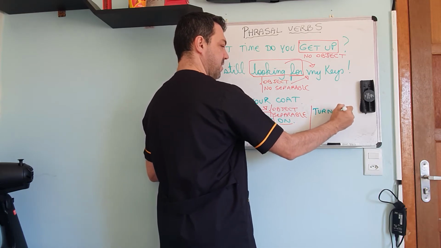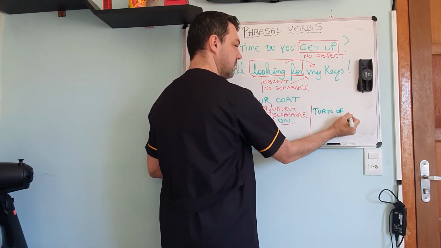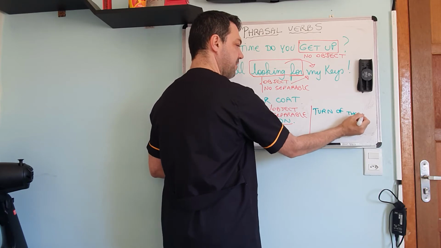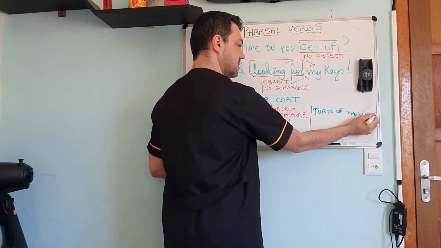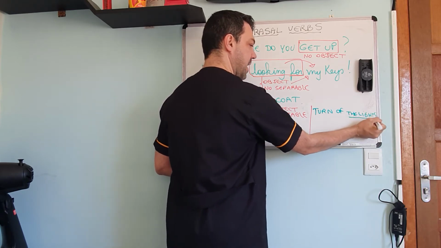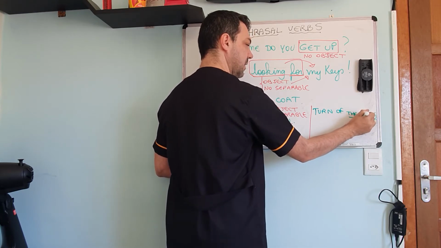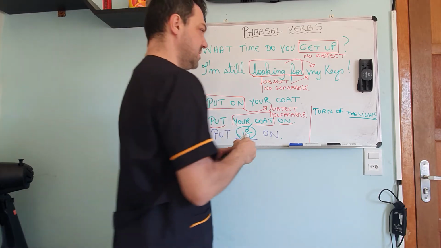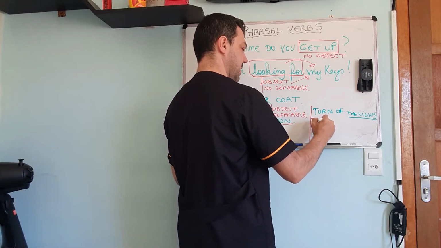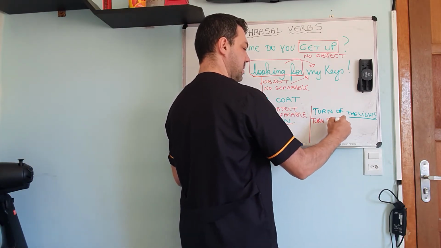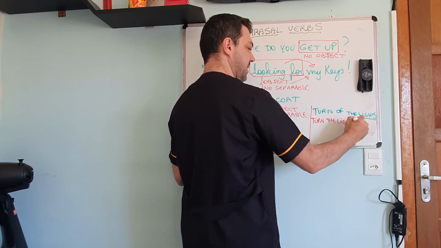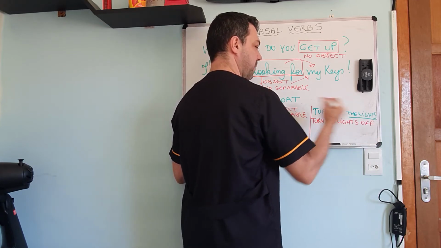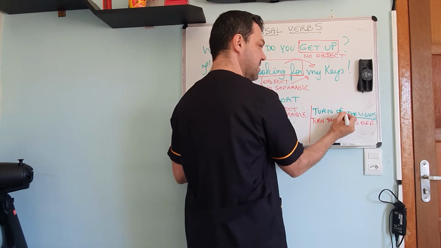So I could say, just a second. Turn off what? Turn off the lights. Okay, I have here the lights. In the same way I can separate. I could say, turn the lights off. Did you notice my mistake here?